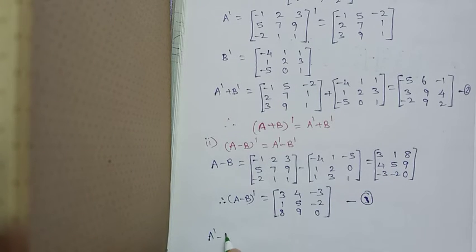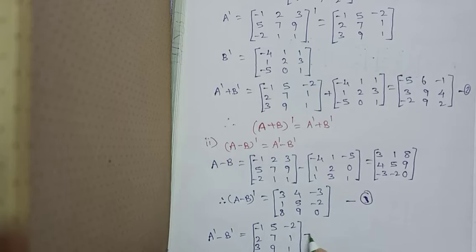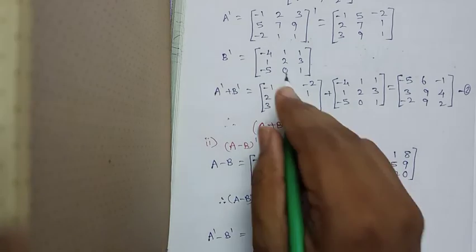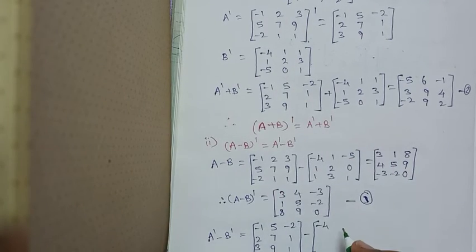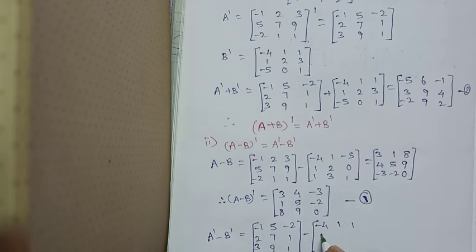A transpose minus B transpose is equal to the entries minus 1 5 minus 2 2 7 1 3 9 1 minus B transpose, which is minus 4 1 1 1 2 3 minus 5 0 1.